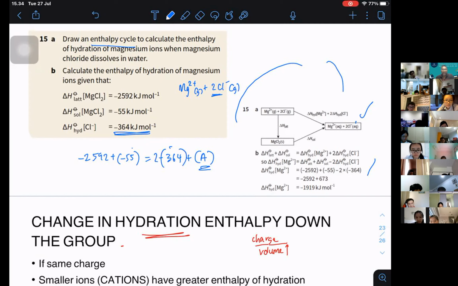The lattice energy, no problem, no need to times by 2. The solution also no need to times by 2. So the only thing that you need to be careful about is the times by 2. That's why here, if you don't times by 2, you will make a mistake. So this one takes time. Learn, take time, and try to get used to this.